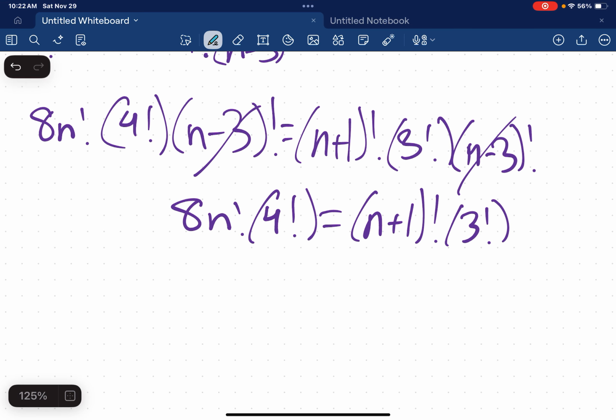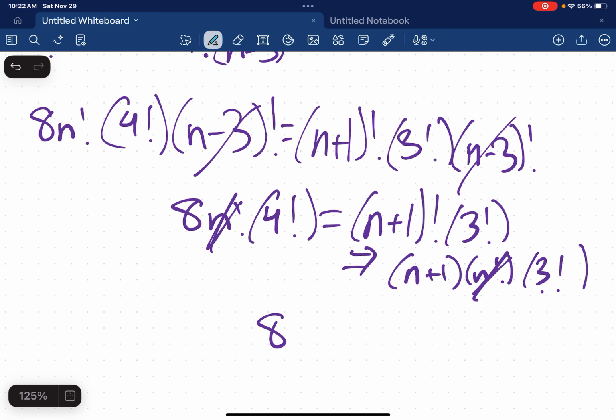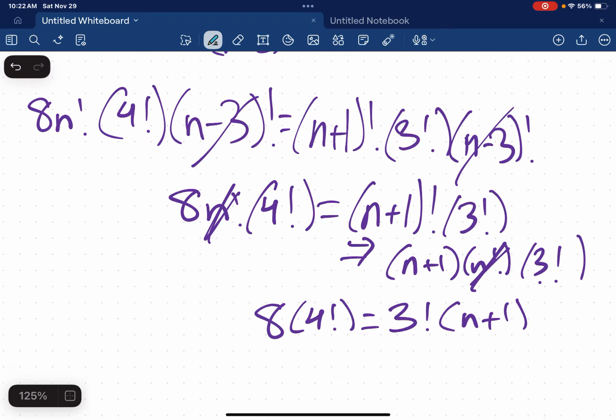Let's go ahead and try to take out an n factorial from both sides. You know that this is just going to become n plus 1 times n factorial times 3 factorial, which means we can take out that from both sides, and then we're left with 4 factorial is equal to 3 factorial times n plus 1.